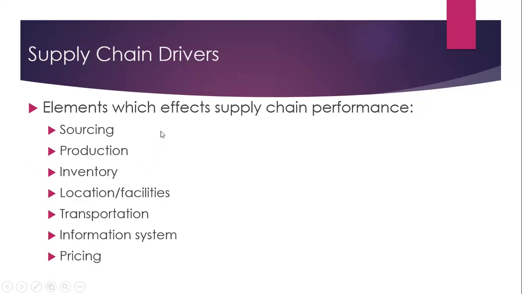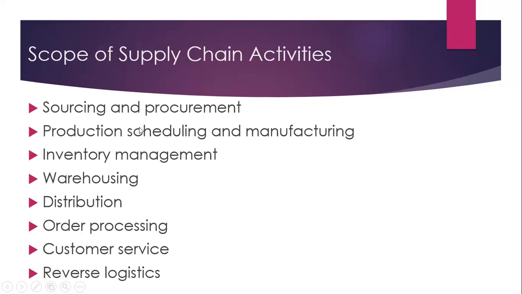Then supply chain drivers. These are elements which affect supply chain performance, and these include sourcing, that is procurement of raw material, then production or manufacturing, then inventory, then location, facilities, transportation, information system used, and pricing. So these are the main drivers of supply chain.